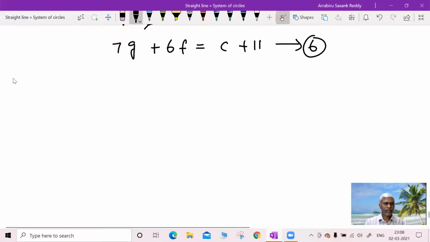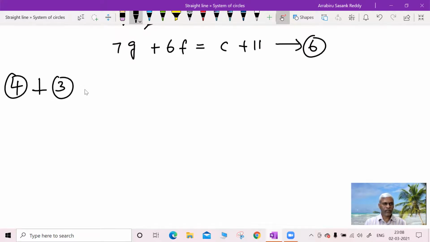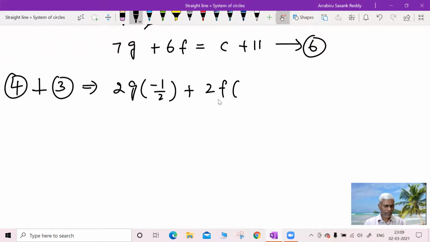Now taking another condition, the fourth equation is orthogonal to third. So 2G, G2 value from third minus 1/2, F2 value from third 11, C2 value from third is 3.